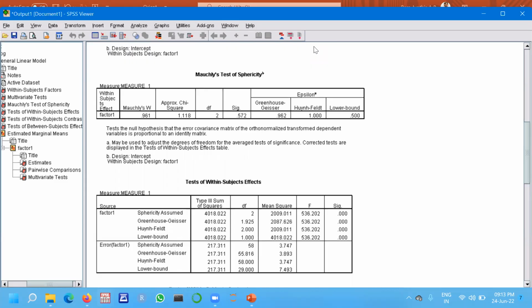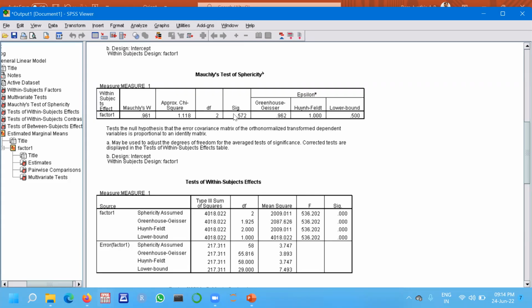See, in repeated measures ANOVA, first we have to see Mauchly's test of sphericity, and in that you have to see the significance or p-value. If it is more than 0.05, you go to the next table. Sphericity assumed, and the significance. It is significant also, isn't it? Here it is significant because it is less than 0.05.